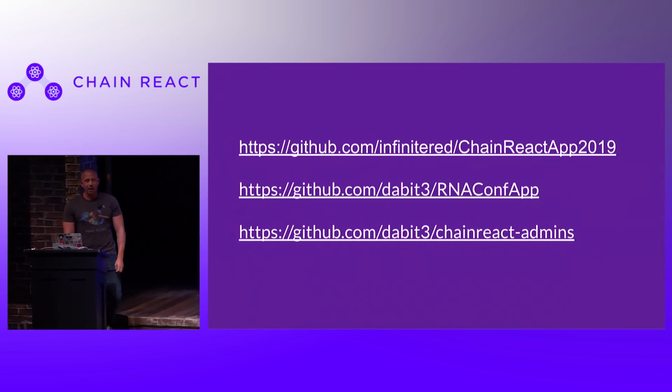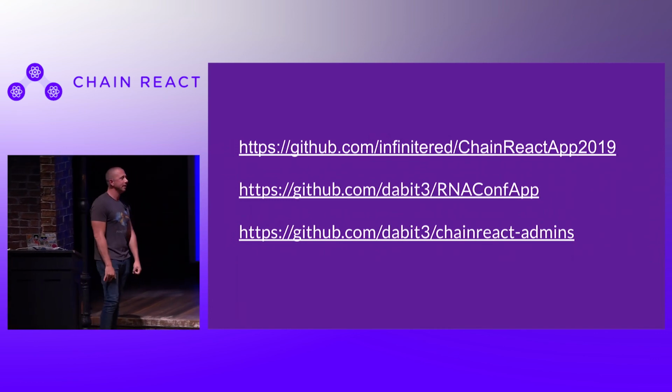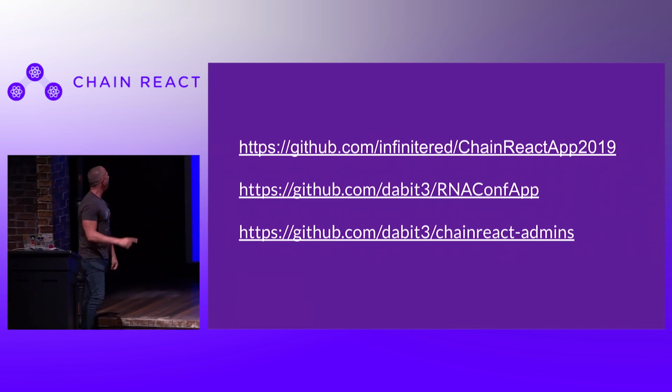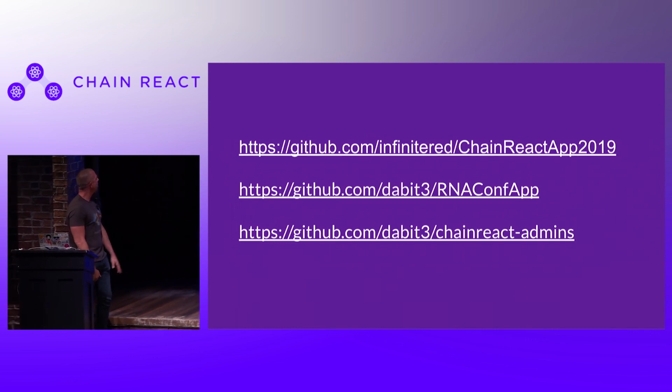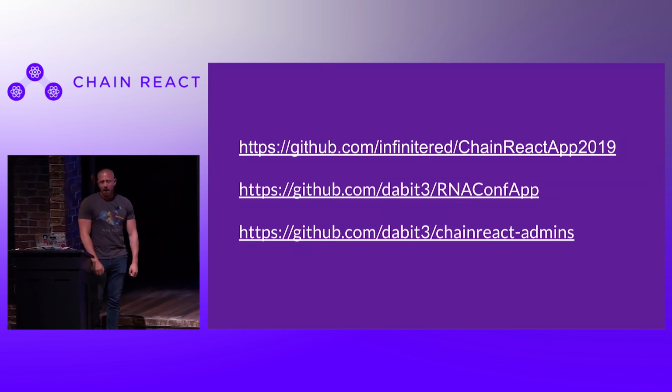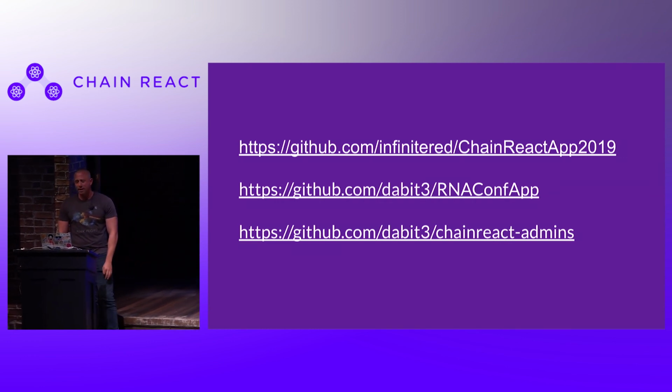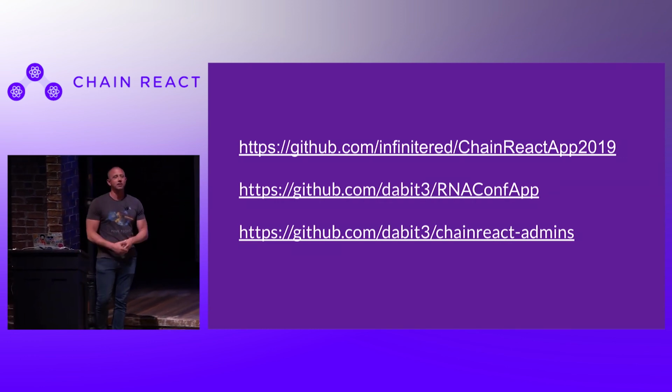So that's about it. If you want to see the code for all of this and deploy this app yourself, we have 3 repos, one for the Chain React app, one for the RNA comp app that I presented last year, and then the Chain React admin panel that you can check out. I also have a project called React Native Conference in a Box.